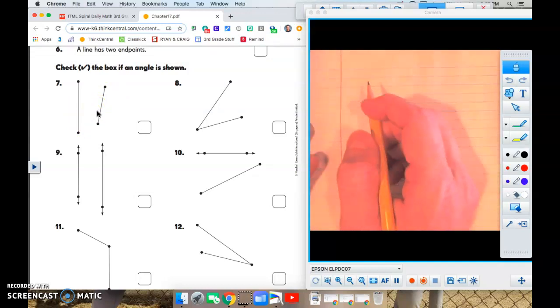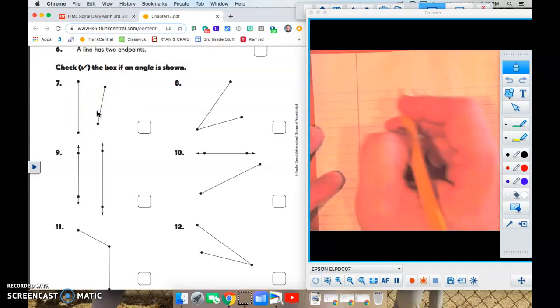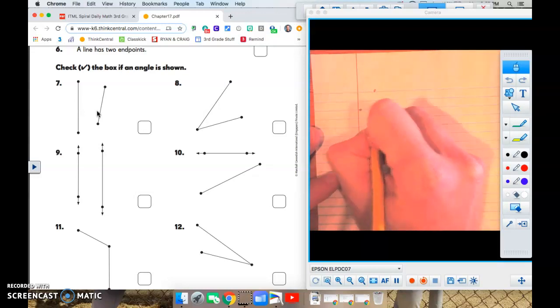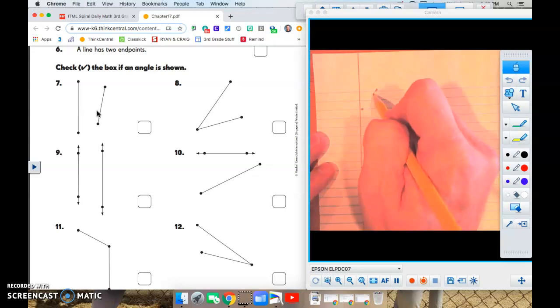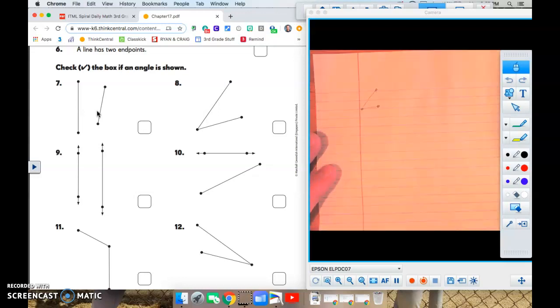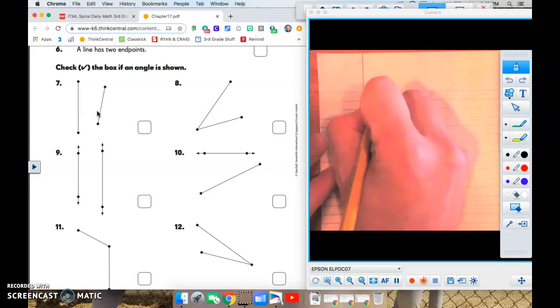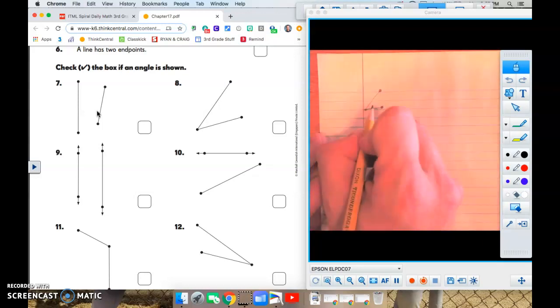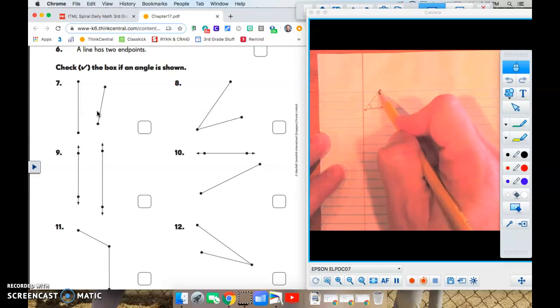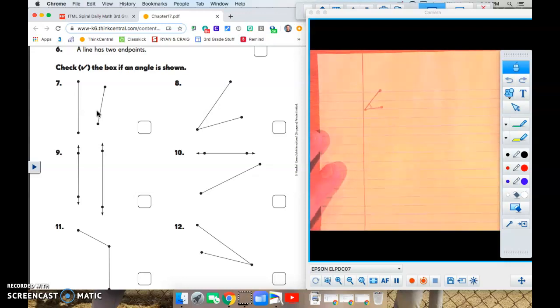Number 8, I'm just going to use my paper off here to the side as well. For number 8, I see a dot, and a dot, and a dot, or a point, right? And we go like this, and we go like this. Hopefully you can see that. Now the angle, one angle I should say, is this part right here. So the angle from this line up to that line.